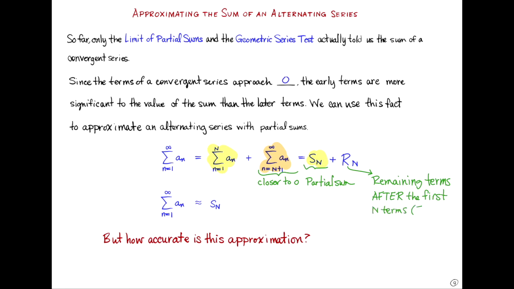In other words, that's our error. So we're approximating the infinite series with the sum of the first n terms, S sub n, and what we're leaving off is R sub n, which is why we call that the error. But just how good of an approximation is this?